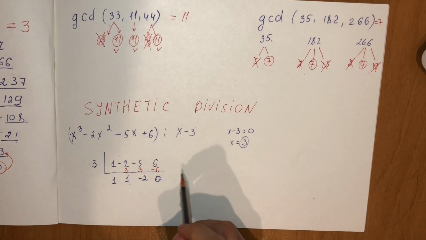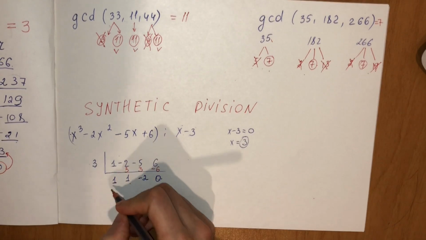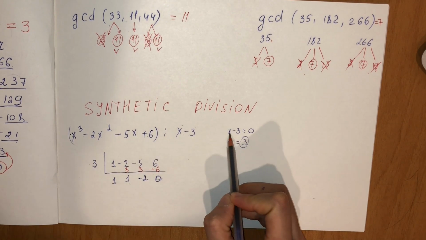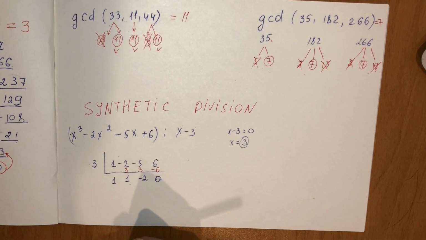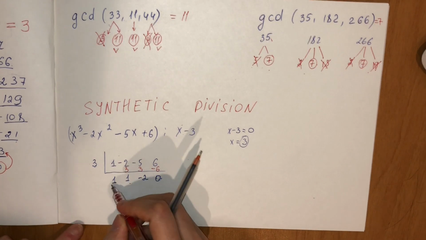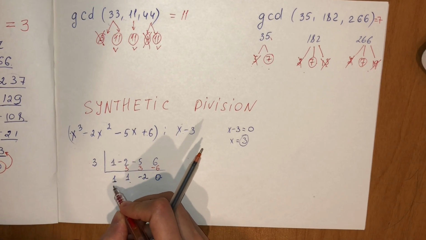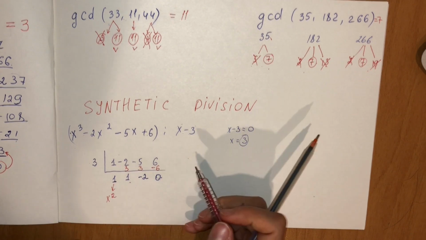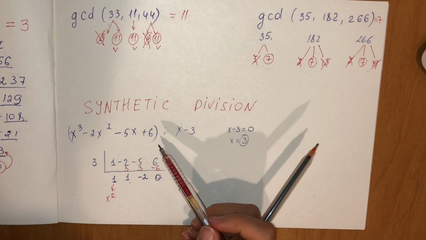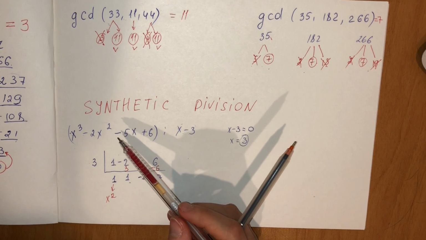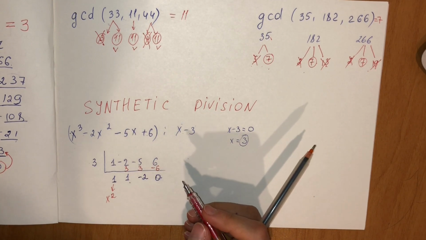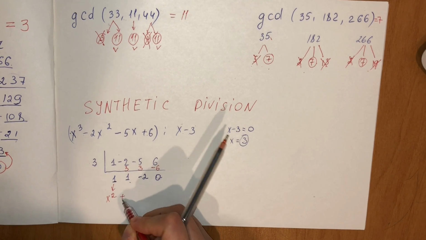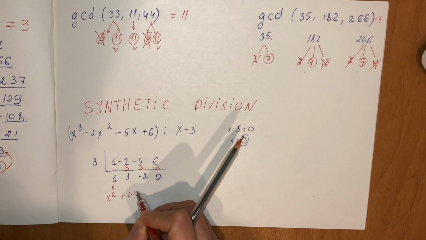So what is the result? If we divide x cubed by x, we get x squared. So the coefficient of x squared is 1, x squared. Then the coefficient of x is also 1, positive 1, 1 times x.